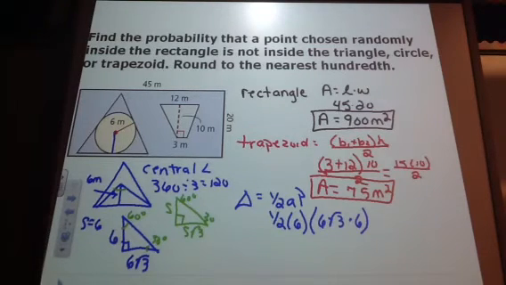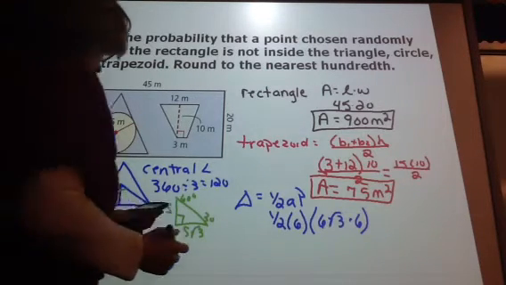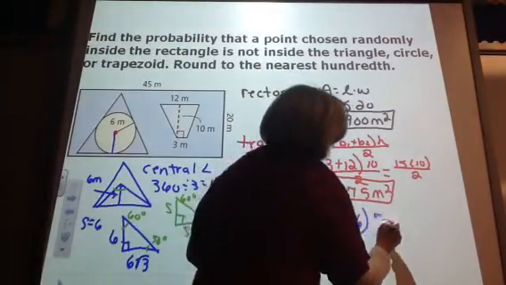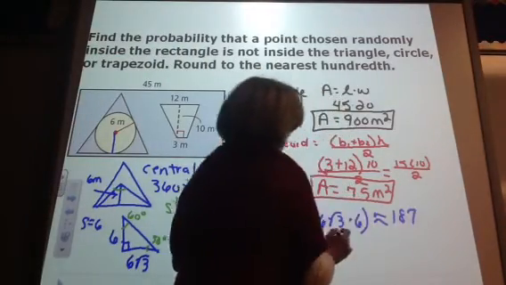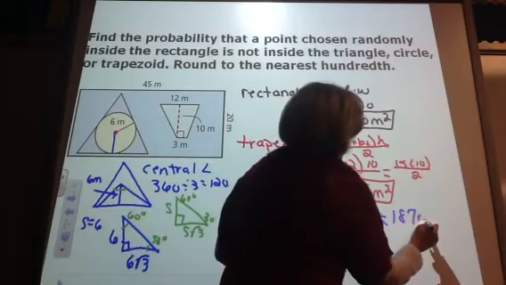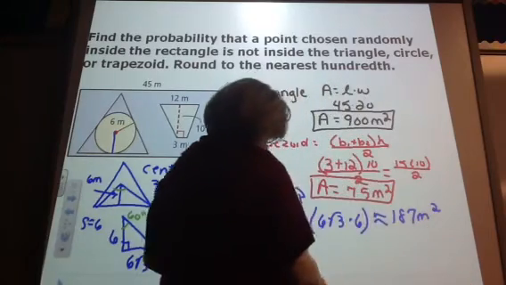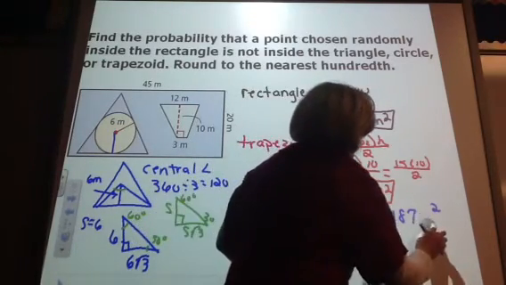So we have 1/2 times 6 times 6 times the square root of 3 times 6. And I got 187.06. So I'm going to round to 187 meters squared. Actually, let's be more precise.